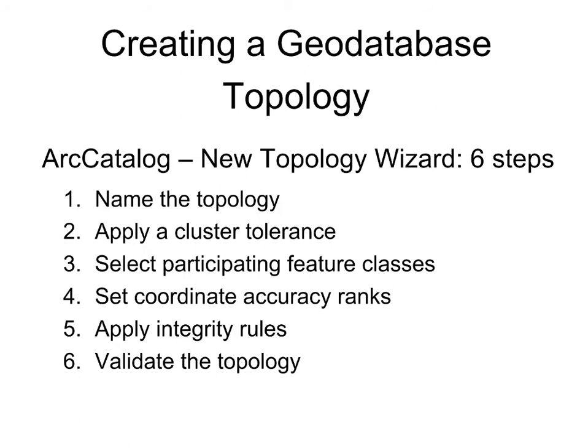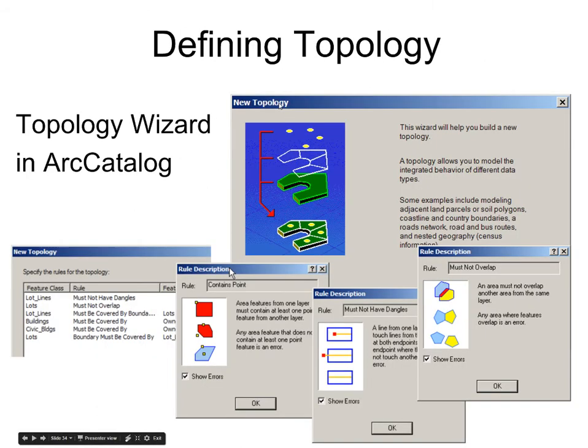The ArcCatalog topology wizard has 6 steps. You name the topology. You apply the cluster tolerance. The cluster tolerance is a very small number. Typically you take the default, really small, defined based on the precision of the data. Select your participating feature classes, set coordinate accuracy ranks, apply the rules, and validate the topology.